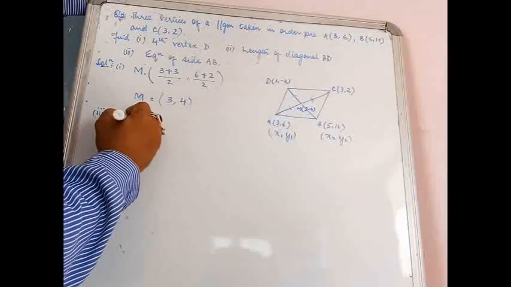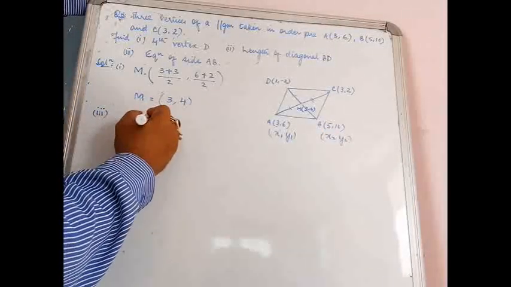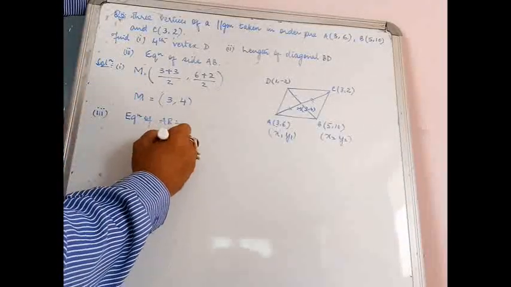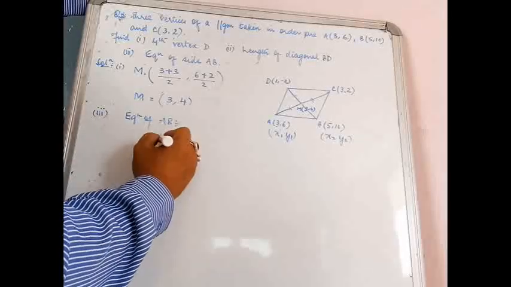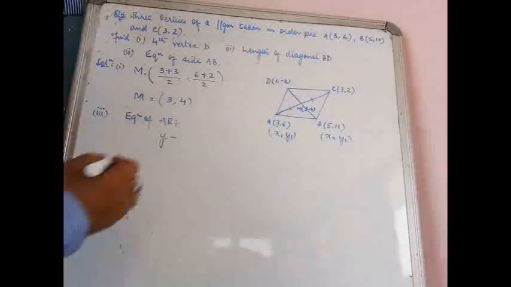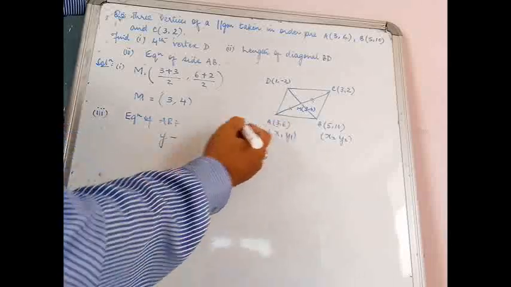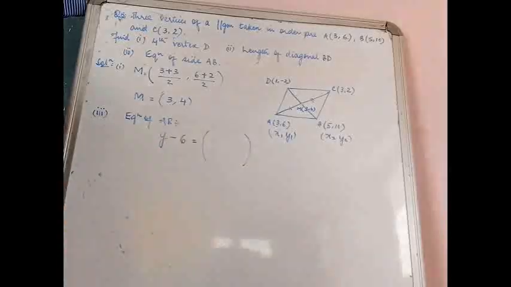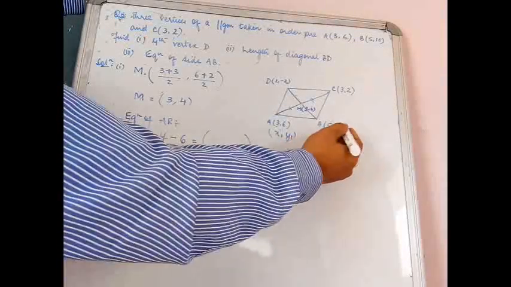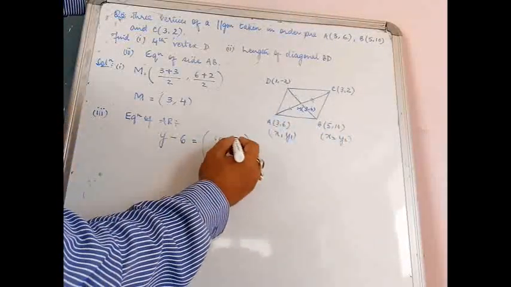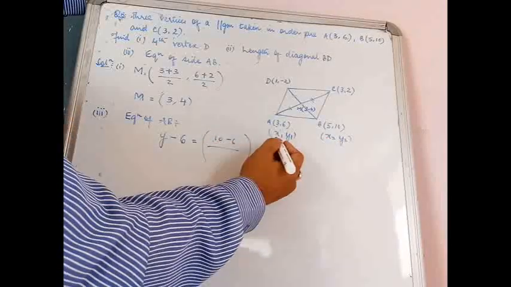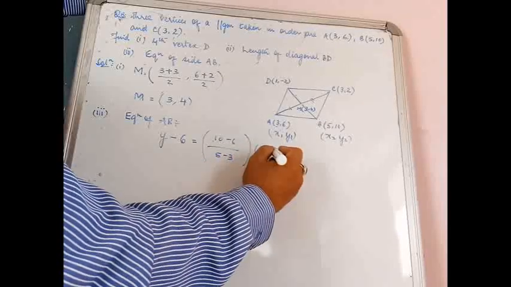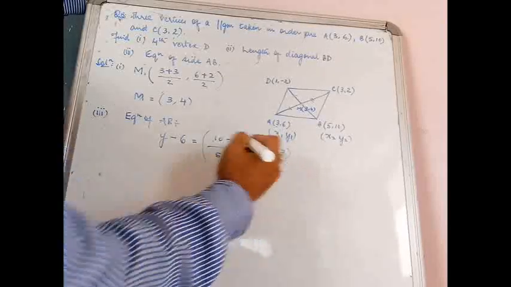So the equation of side AB: again you must remember the exact form. y minus y1, which is 6, equals y2 minus y1, so 10 minus 6 at the top, and x2 minus x1, so 5 minus 3 at the bottom, times x minus x1, where x1 is 3.